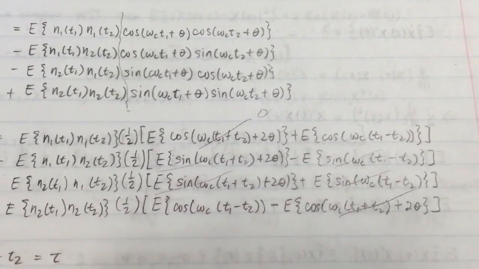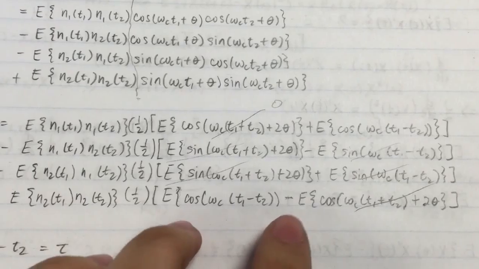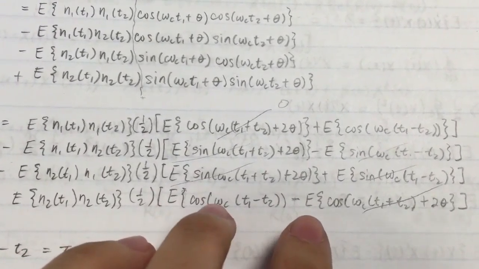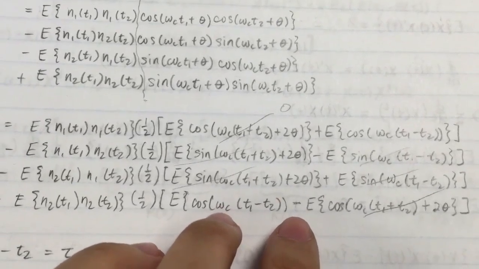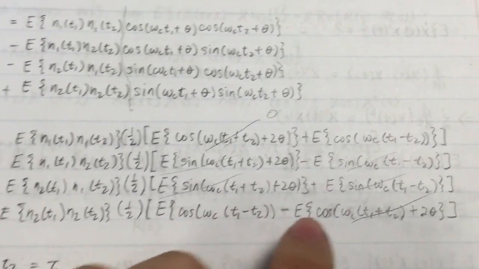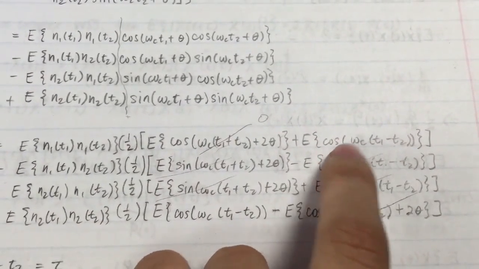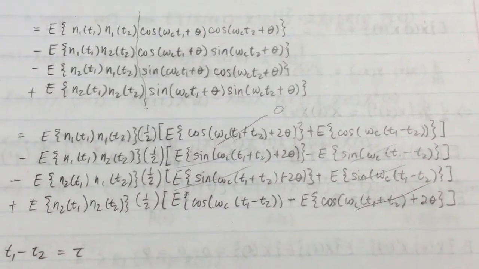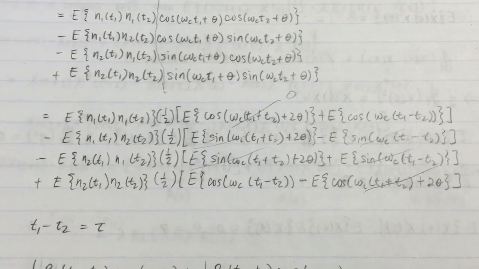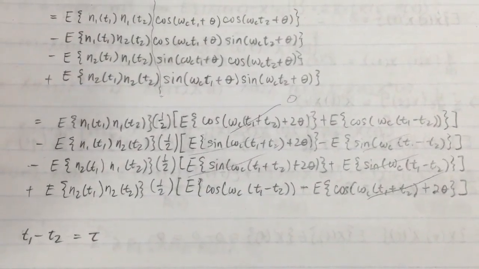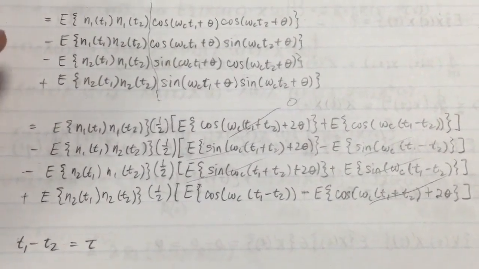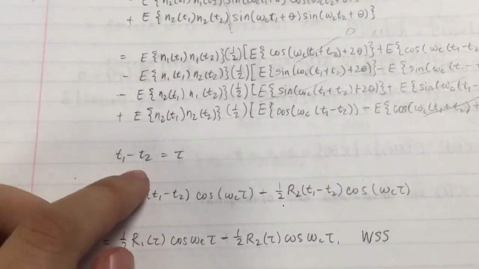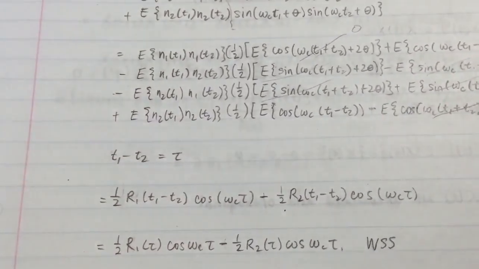So all you're left with in the end is essentially this part, the expected value of cosine times omega_c of (T1 minus T2), and the same one here. But the main thing to remember is to be careful when doing the signs. And you can write T1 minus T2 as tau.